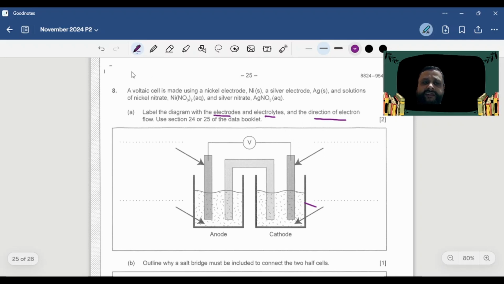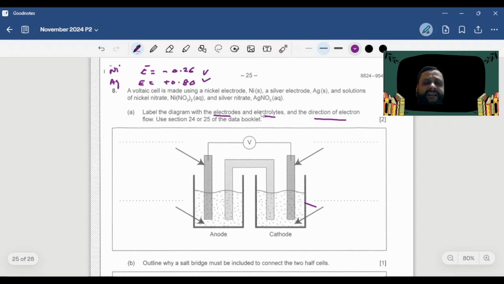If you look in that data booklet, the nickel half cell has an E value of minus 0.26 volt. And for the silver half cell, the E value is plus 0.80 volt.